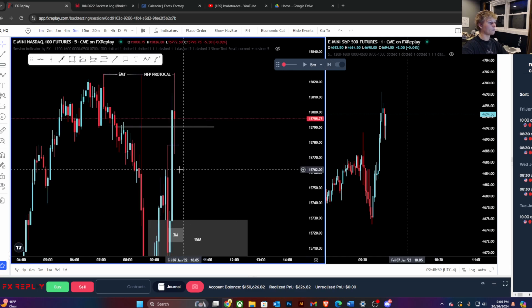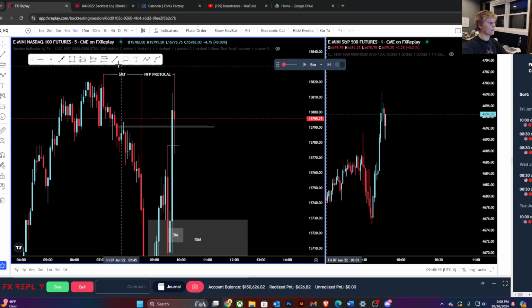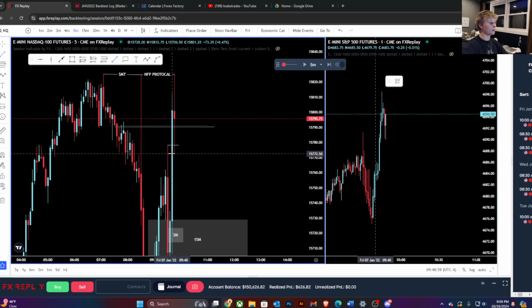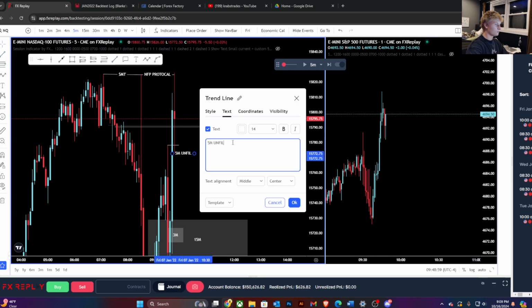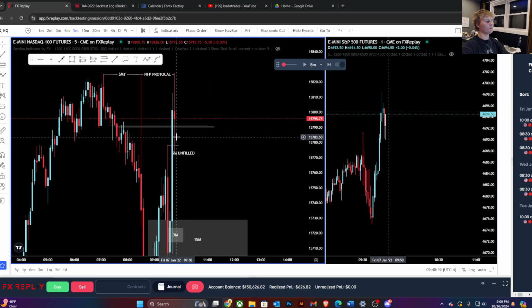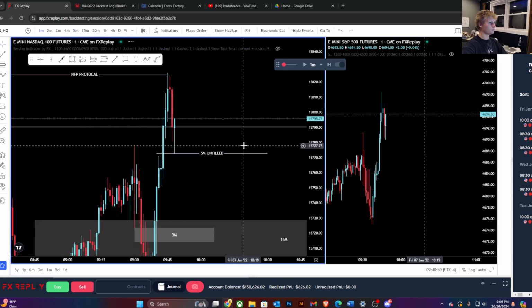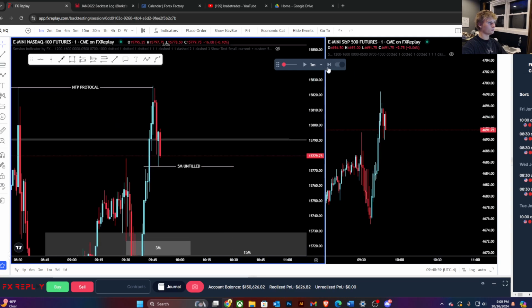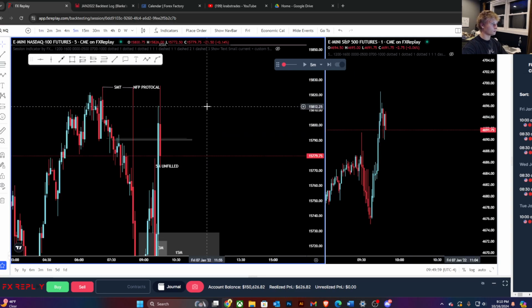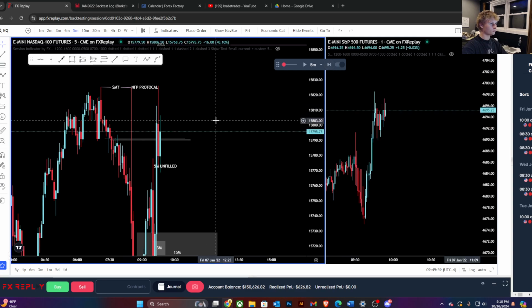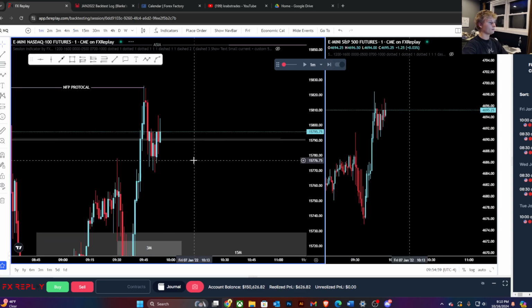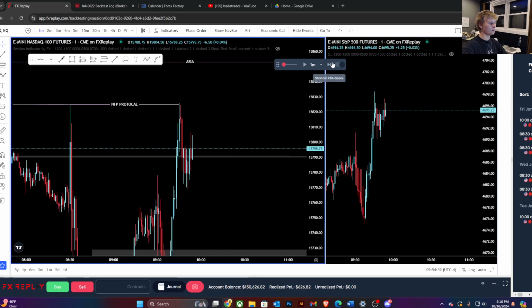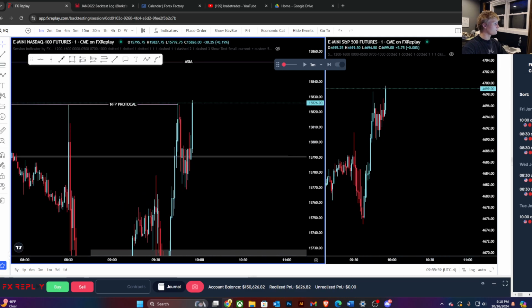Looks like we're badly behind this 5 minute gap, right there. Reacted off the 5 minute. So it is still early in the session.